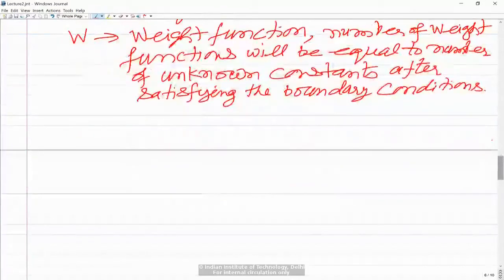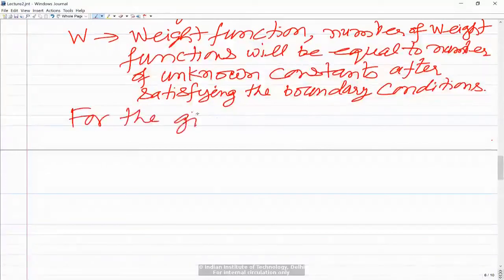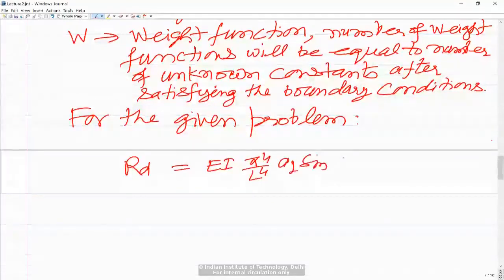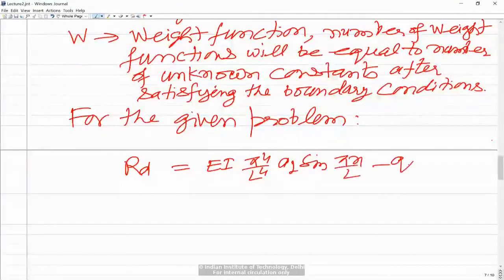Now let me discuss how we choose. I will go with this example itself, with the approximate solution a1 sin pi x by L. For the given problem, we already said that the domain residual RD is EI pi power 4 upon L power 4 into A1 into sine of pi x by L minus Q. So this is the domain residual.